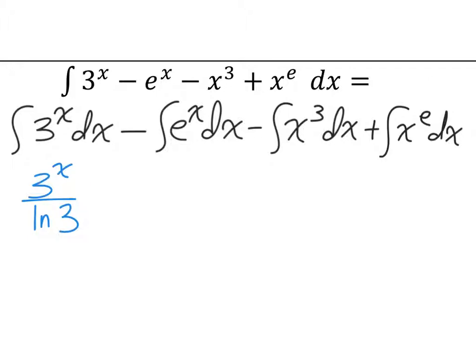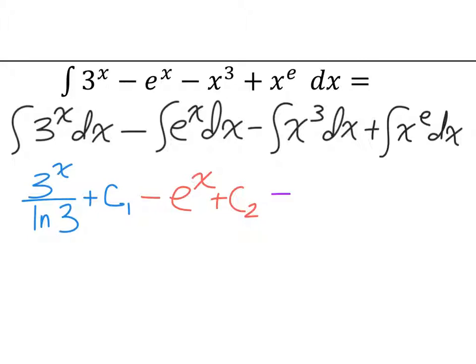So I'm just doing the opposite of that. e to the x has an antiderivative of e to the x. I'm going to write the plus c here. I'll put a little subscript there to show that that's the constant for that first integral. Then minus e to the x, because the antiderivative of e to the x is e to the x, and that also gets a constant, which I'll say is c2.